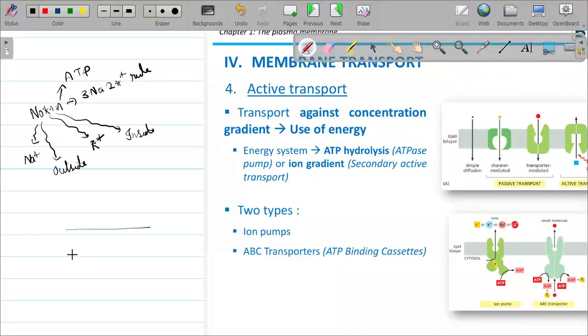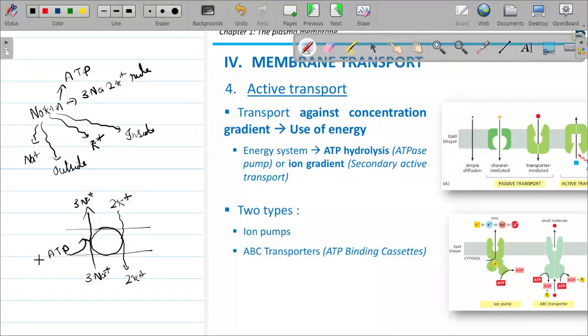So if I have a protein here, with channel proteins, the 3Na+ molecules have to go outside, whereas the two K+ molecules have to enter inside the cell. And for this process, energy is utilized in the form of ATP.